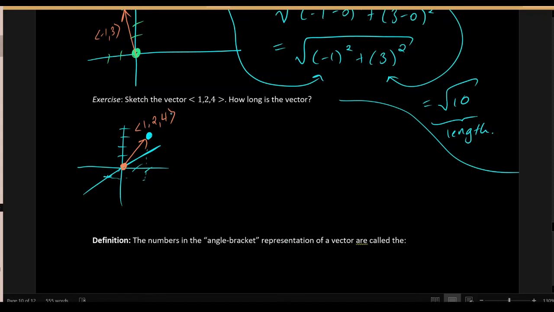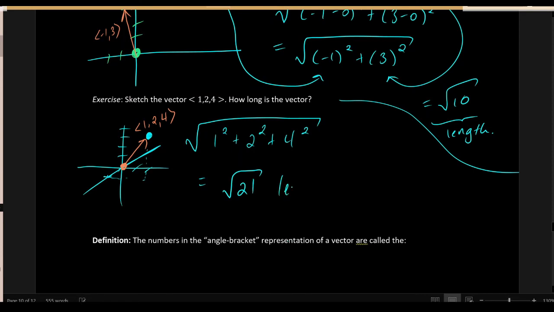How long is the vector? In this case, we can use the three-dimensional distance formula for the distance between 1, 2, 4 and the origin 0, 0, 0. Which, just like last time, will reduce to 1 squared plus 2 squared plus 4 squared, which is equal to the square root of 21. That's the length of this vector in this case.